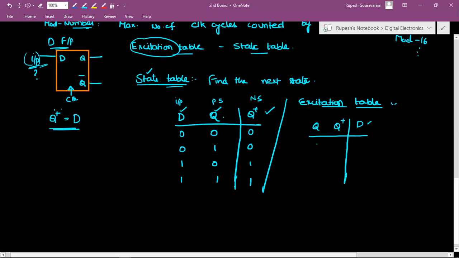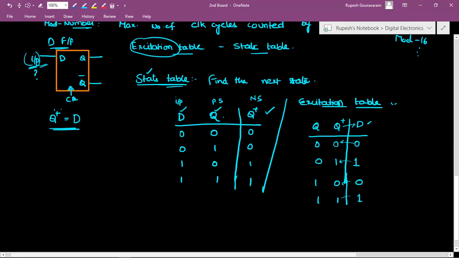So Q has four possibilities: 0 0, 0 1, 1 0, and 1 1. The next state depends on what? D. That means whatever D is decides the next state. If D is 1, then the next state will be 1. If D is 0, the next state will be 0.